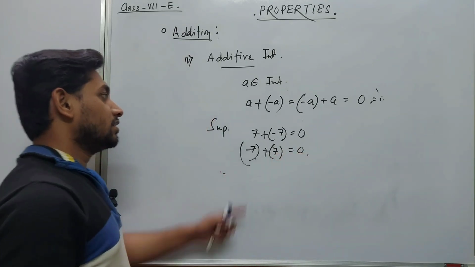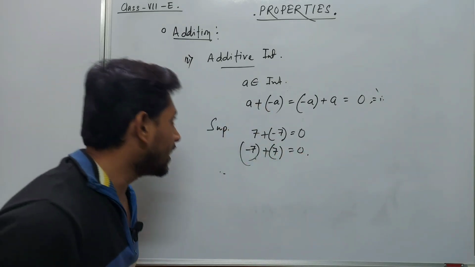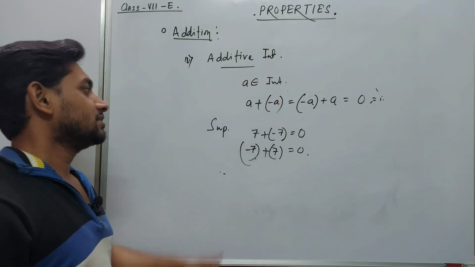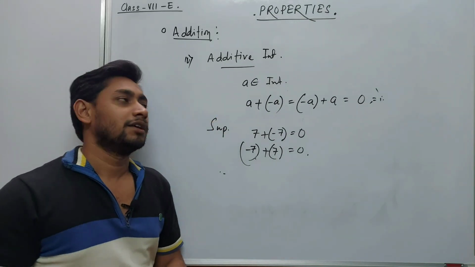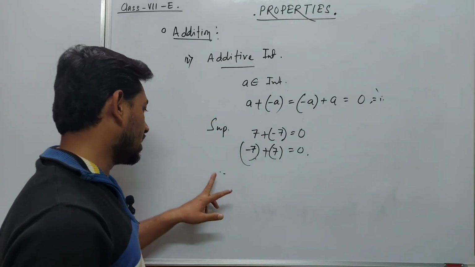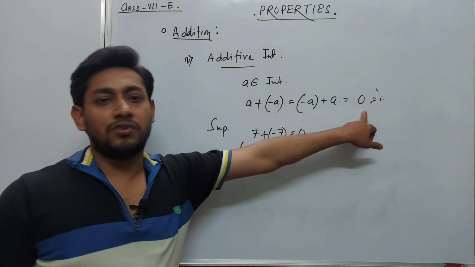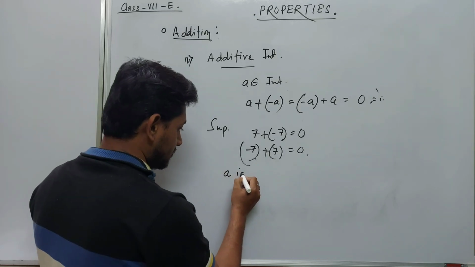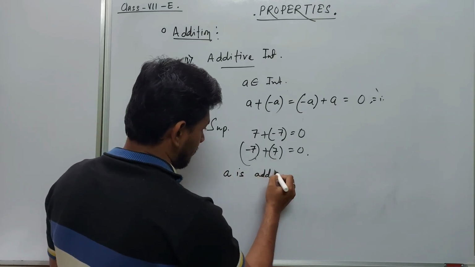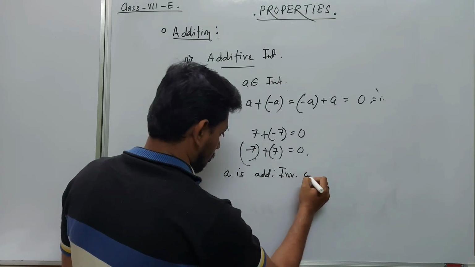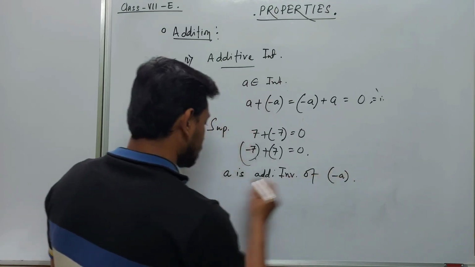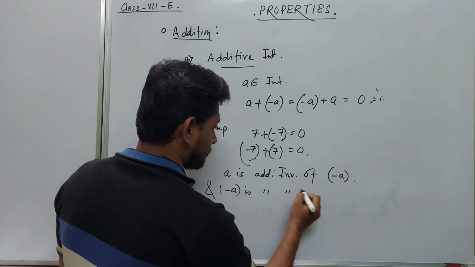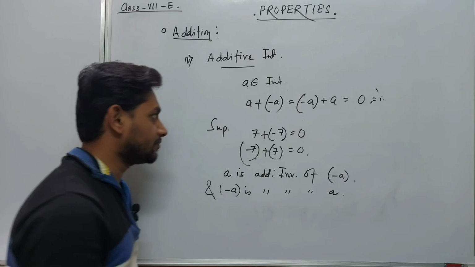That is, a is the additive inverse of minus a, and minus a is the additive inverse of a, as the sum of both is 0. Clear?